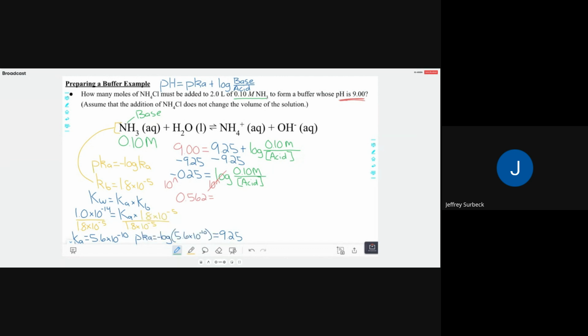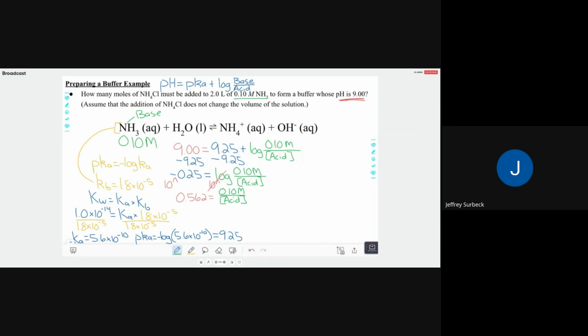now that we've gotten rid of our log, simply our 0.1 molar over the concentration of the acid. And so all we would have to do at this point is cross multiply.